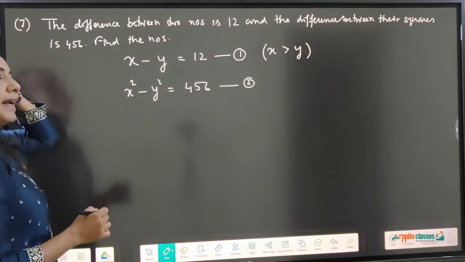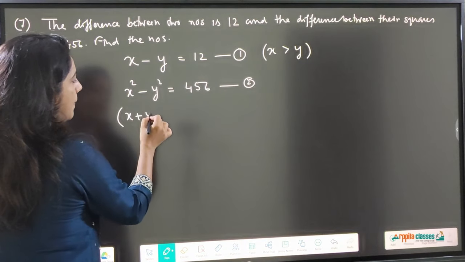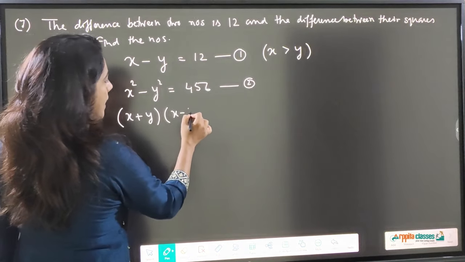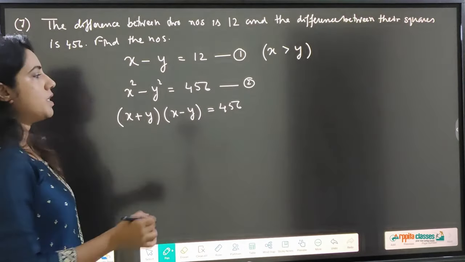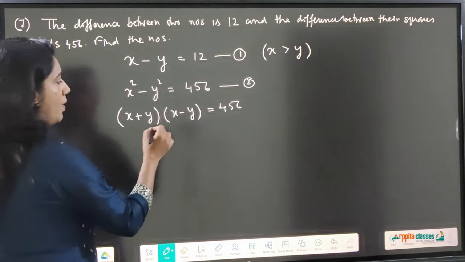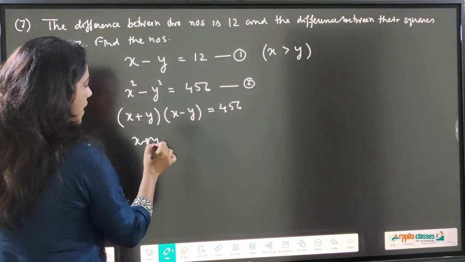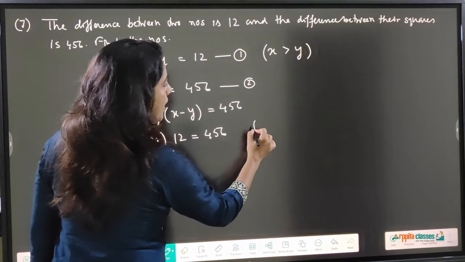Now see, we can put an identity over here. This is a square minus b square, which is a plus b into a minus b, is equal to 456. Now what I'll do is, I'll put 12 in place of x minus y. So this is x plus y into 12 is equal to 456. From where I got it?